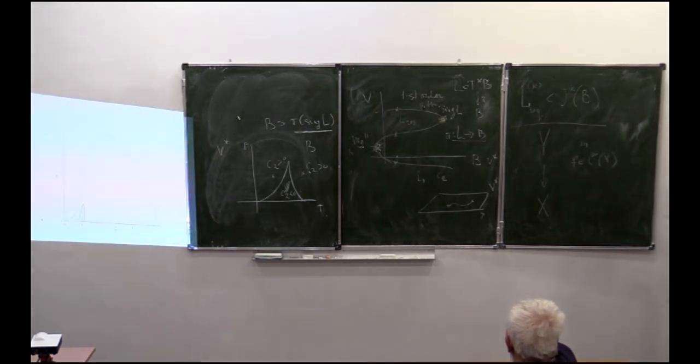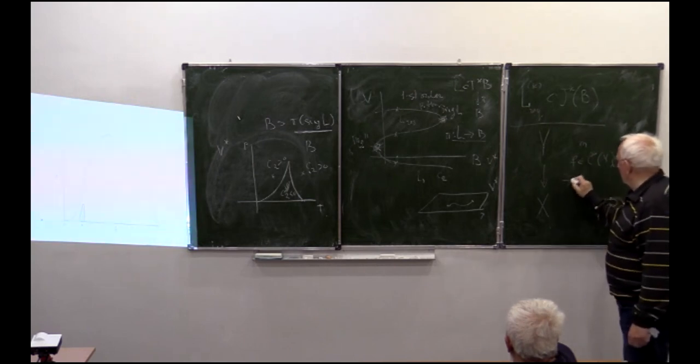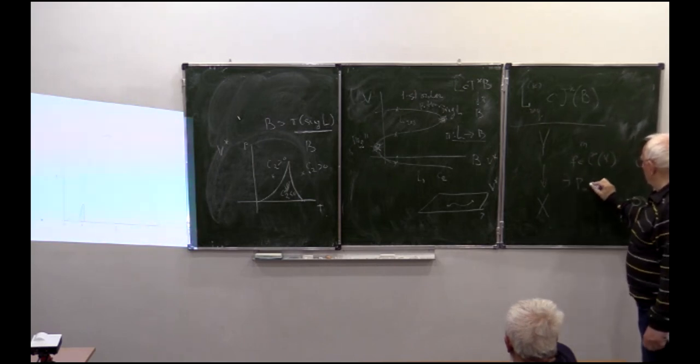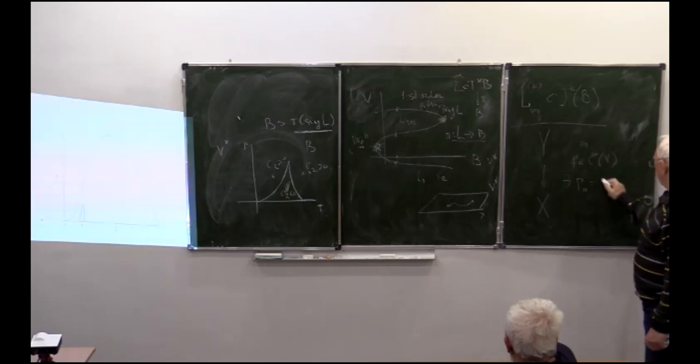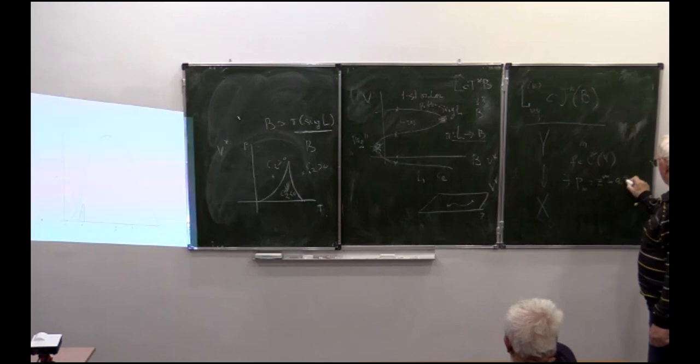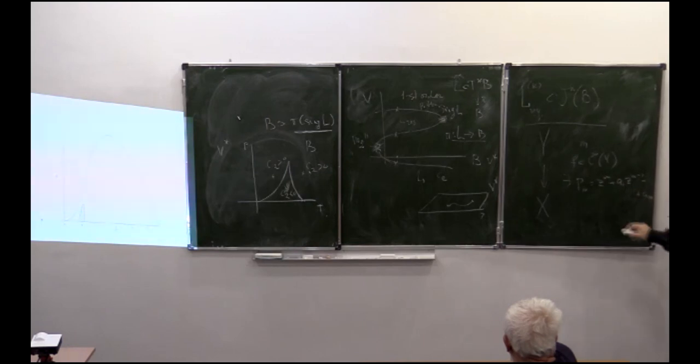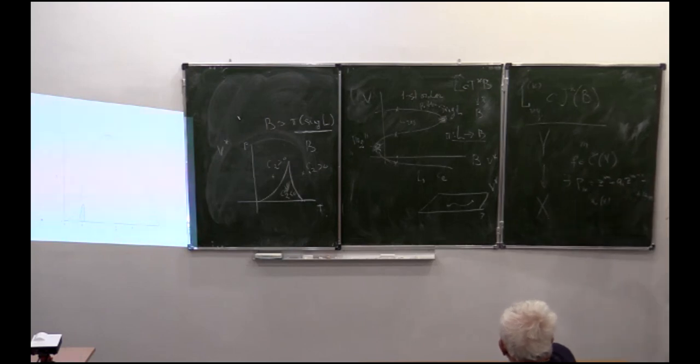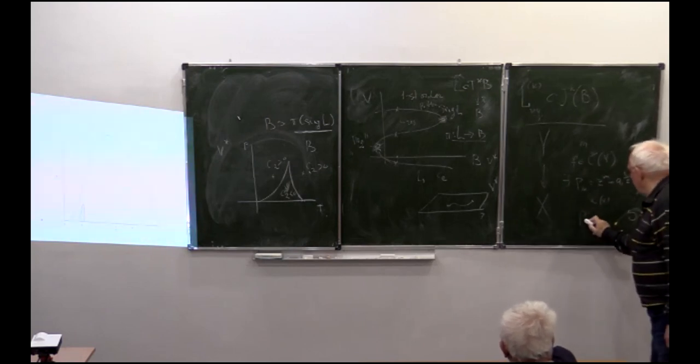I claim that there is a polynomial of degree m, something like z to the m plus a1 z to the m minus 1, plus etc., plus am, where the ai are smooth functions on X, and our function f is a root of this polynomial.